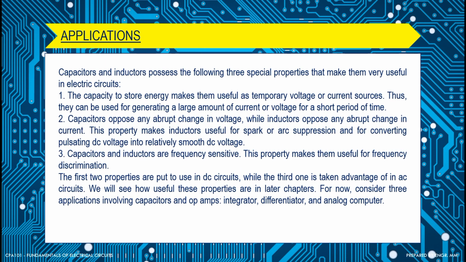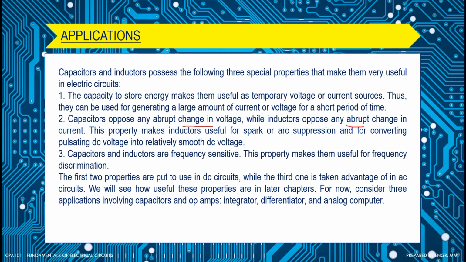Now we have here the applications of capacitors and inductors. They possess three special properties that make them very useful in electric circuits. The capacity to store energy makes them useful as temporary voltage or current sources, so they can be used for generating a large amount of current or voltage for a short period of time. Then capacitors oppose any abrupt change in voltage, while inductors oppose any abrupt change in current.